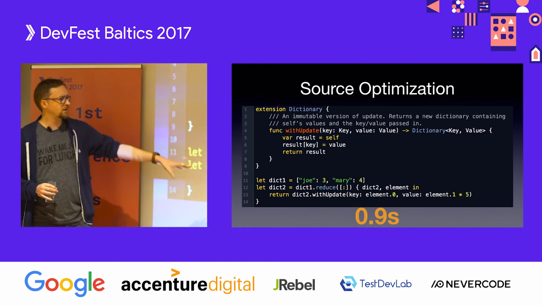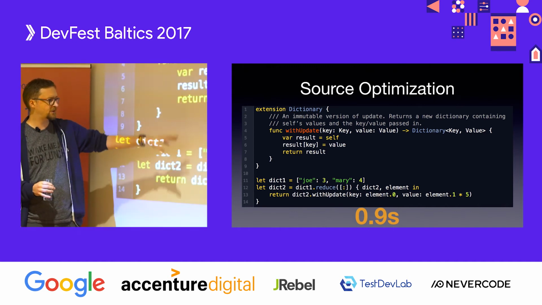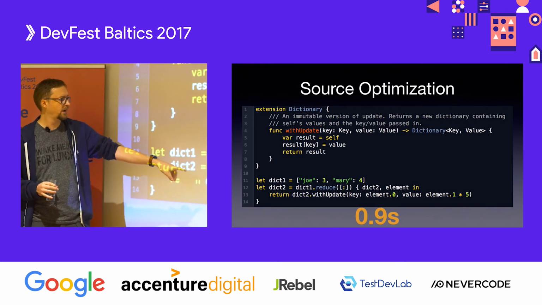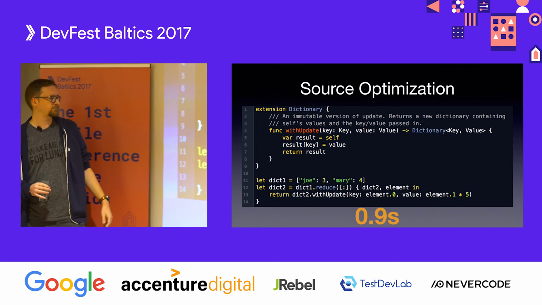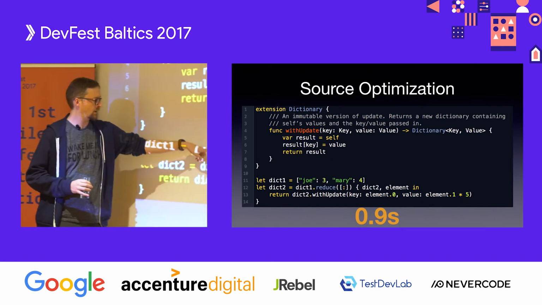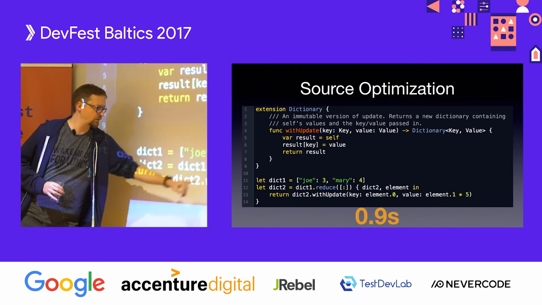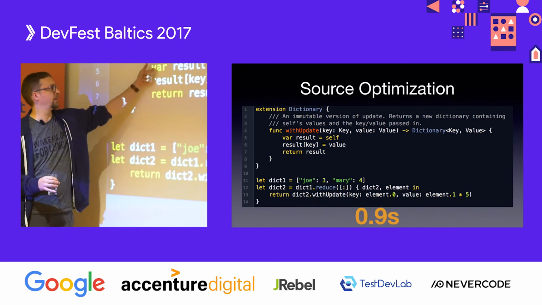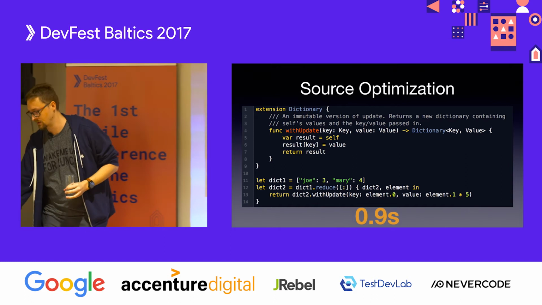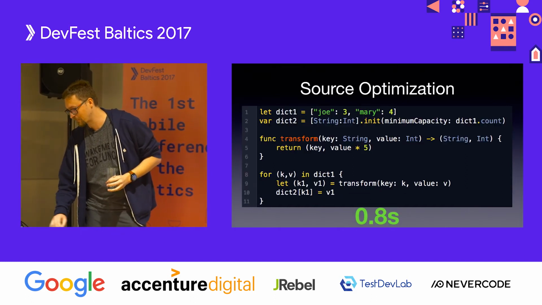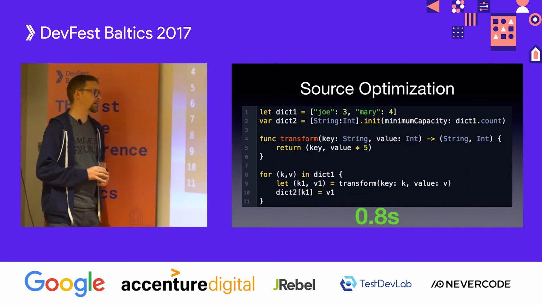It is an extension. The point is to change the values of the dictionary, multiplied by 5, right? So I have some dictionary, reduce, right, and call that function to do the change. It's very Swifty, and it's very nice. I can do the same with a for loop.